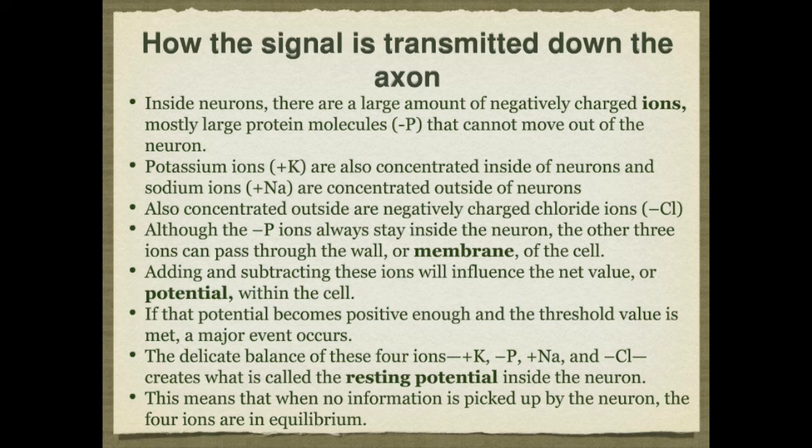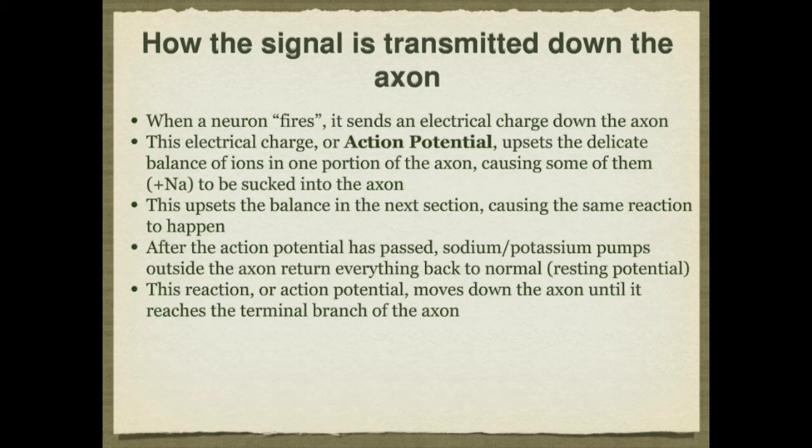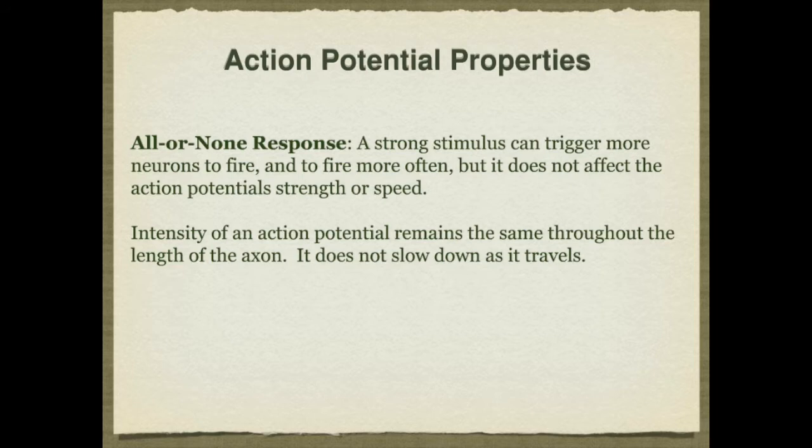All right. So again, that's just for your FYI. You do have to know that action potentials are all or none responses. So either the neuron fires or it doesn't. This all or none response I have seen before.